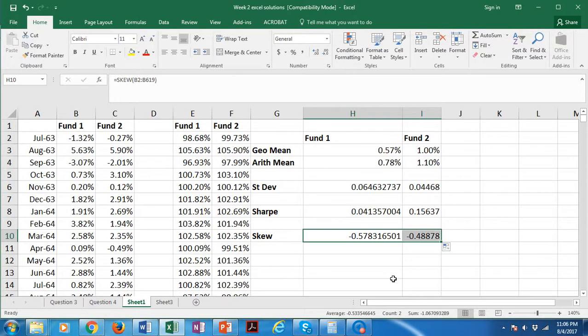As we discussed in the lecture, negative skewness indicates that there is a higher chance of getting a negative return than a corresponding probability of getting a positive return. So investors will be less likely to invest in Fund 1 due to a higher negative skewness.